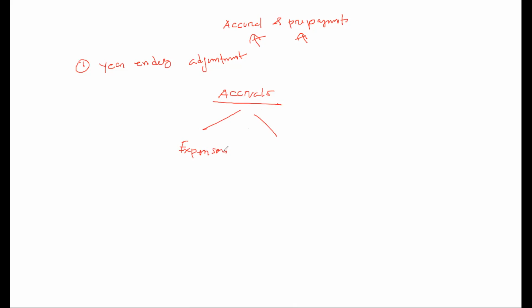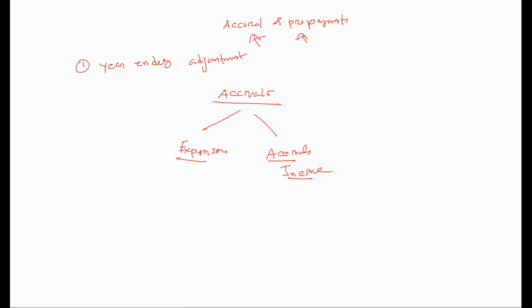The next one is accrual income. So the first one is expense, the next one is income. Of course, both income and expense are relevant to accruals.